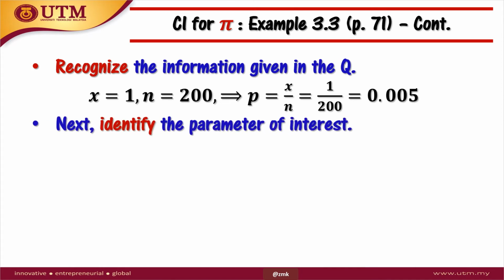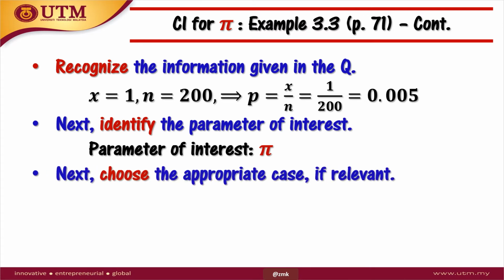The next step is to identify the parameter of interest. Here we are interested in finding the confidence interval for the true population proportion of defective units, denoted by pi. The next step is to choose the appropriate case if relevant.